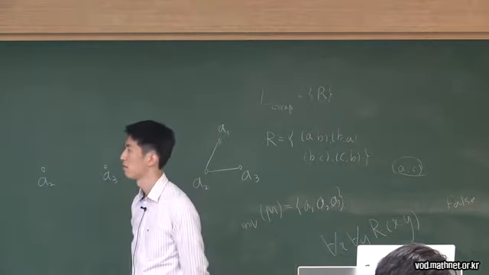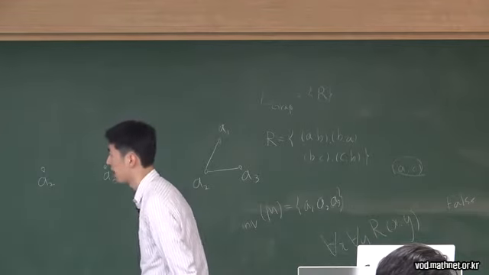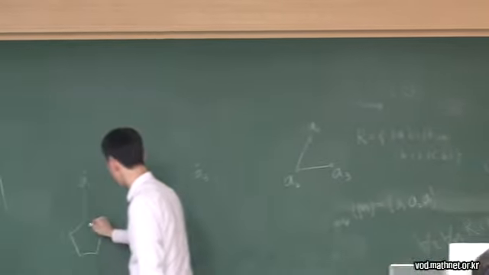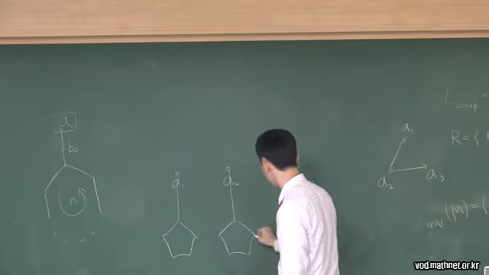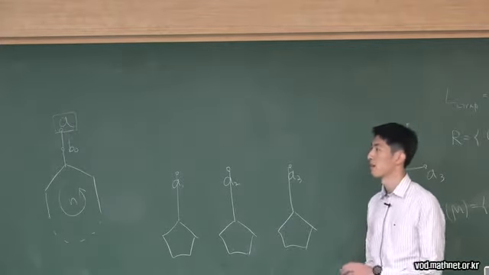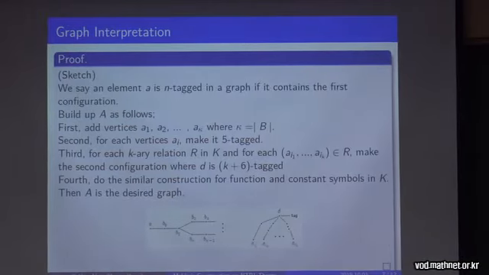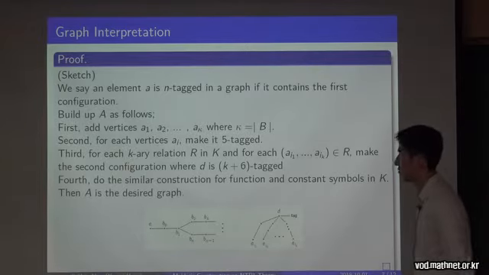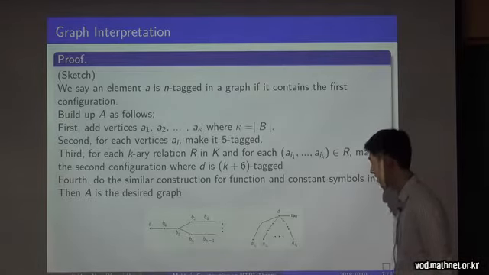Then second, for each vertex Ai, make it 5-tagged. So here, you make the tag. And then third, for each k-ary relation R in K, for each tuple Ai1 to Aik in R, make the second configuration where D is k plus 6 tagged.